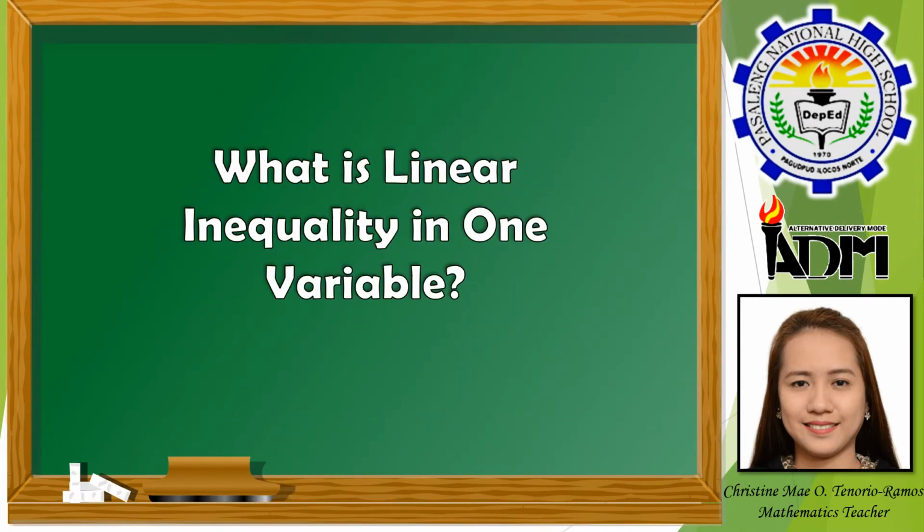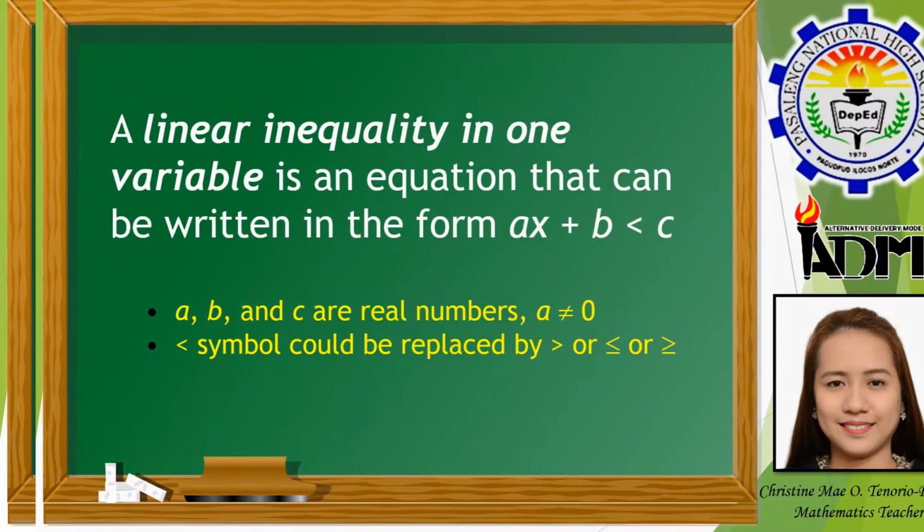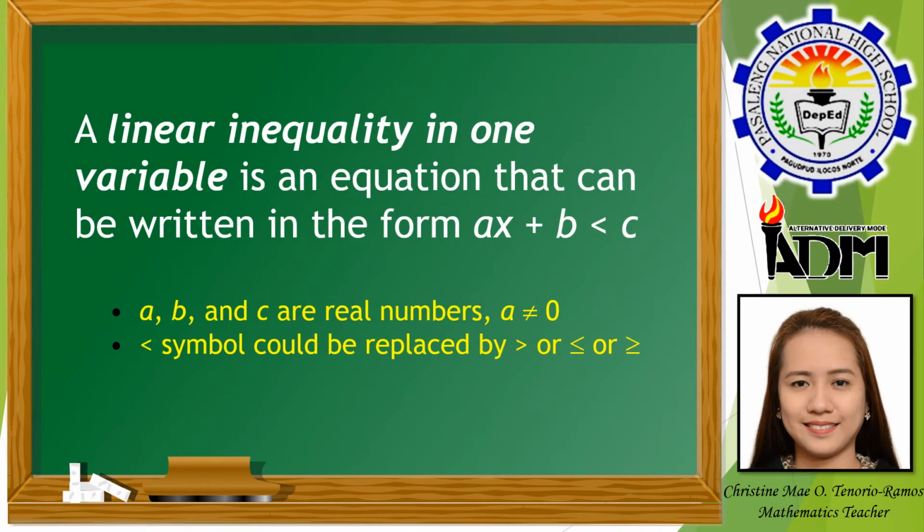Pangatlo naman, what is linear inequality in one variable? So a linear inequality in one variable is an equation that can be written in the form ax plus b is less than c, where a, b, and c are real numbers and a is not equal to 0.